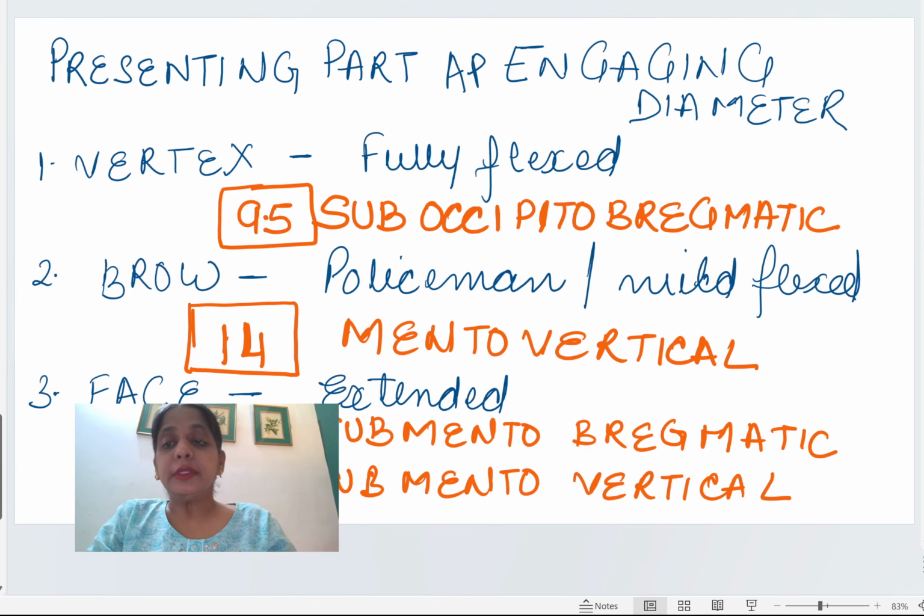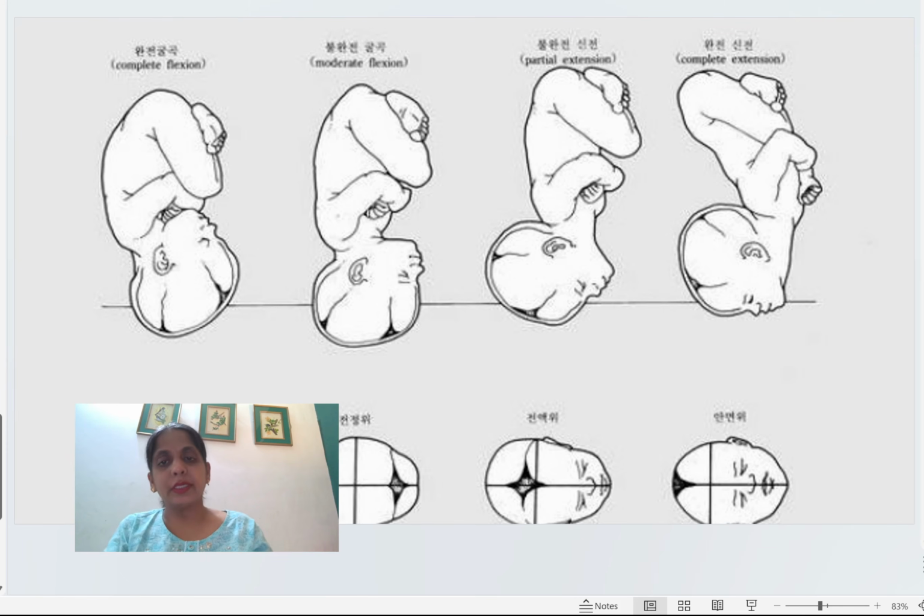Now see, when the vertex is the presenting part, then the diameter is suboccipito-bregmatic. See here, the vertex is presenting here. The anterior and posterior fontanelle area is presenting.